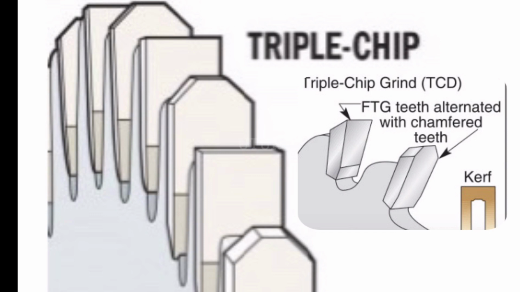They don't have scoring bevels as in the case of the ATB, so the TCG is very durable and is used on glue line rip blades, blades for melamine board, laminate and other manufactured materials, where tooth durability is most important.